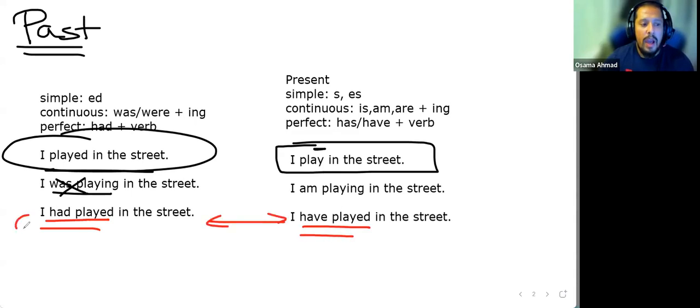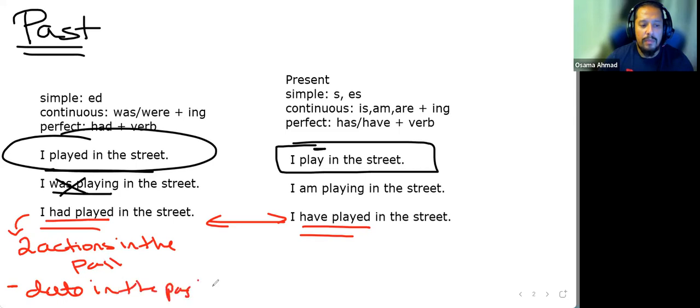To say the past perfect, there must be two actions in the past. There must be a date in the past. And you have to remember, it doesn't come out correct often.